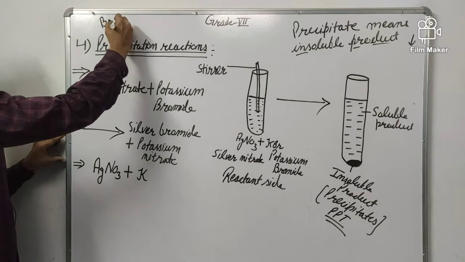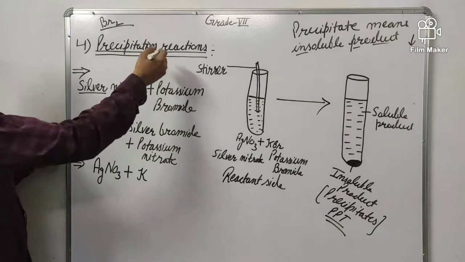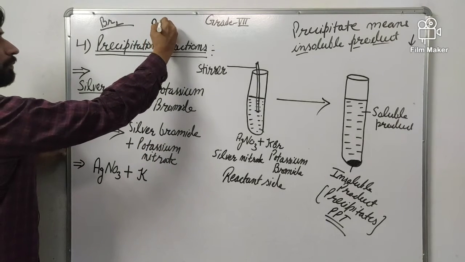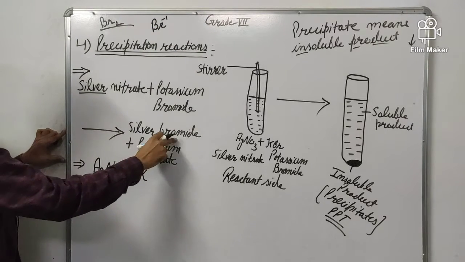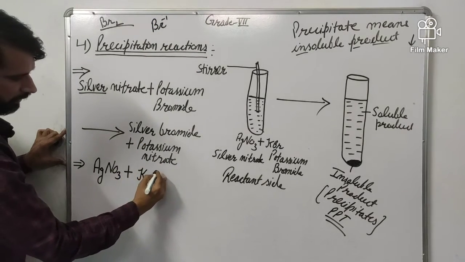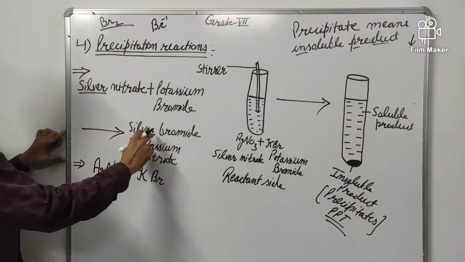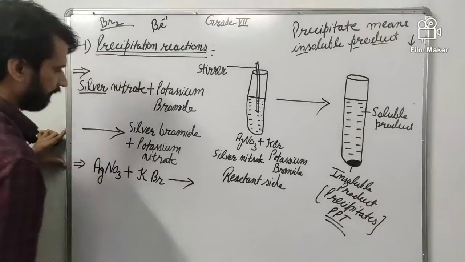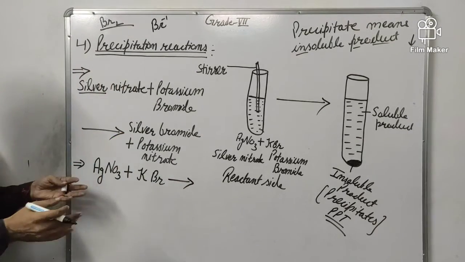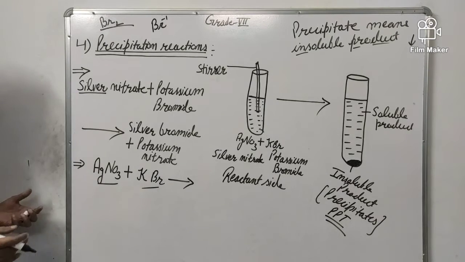Its neutral form is bromine, Br2, and in ionic form it is written as Br negative. So it forms KBr, potassium bromide.